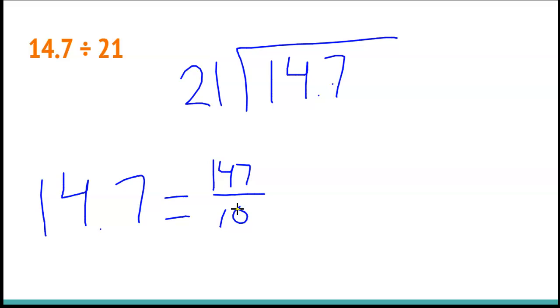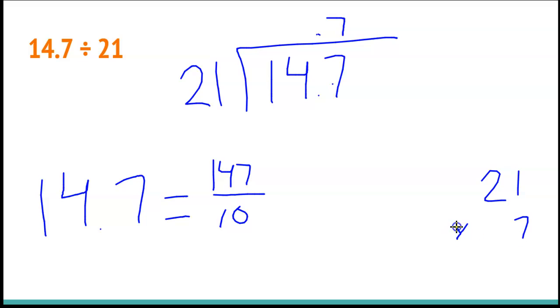So now, how many times does 21 go into 147? Well, I know that 2 goes into 14 7 times, so let's go ahead and try that. But where do I put this? Oh, well, I have to put it over my tenths because right now I'm dividing tenths. So we need to make sure that that decimal is already there because, again, I'm already dividing tenths. All right, 21 times 7, what would that be?